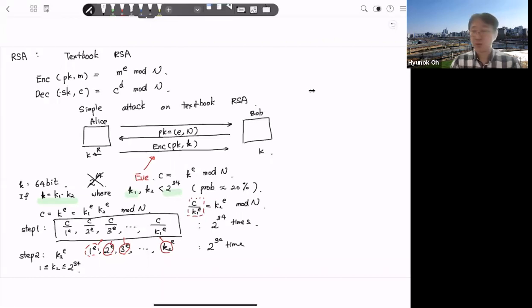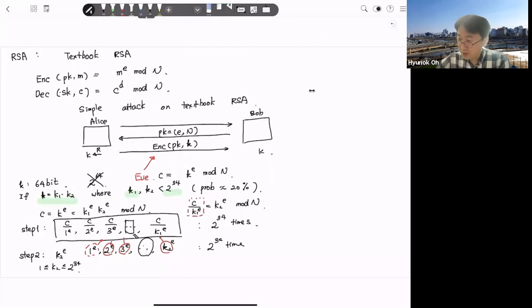Then there will be some values, right? Suppose this value matches this value. What does that mean?